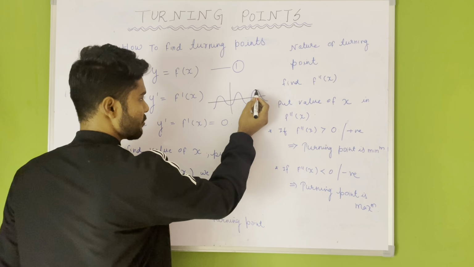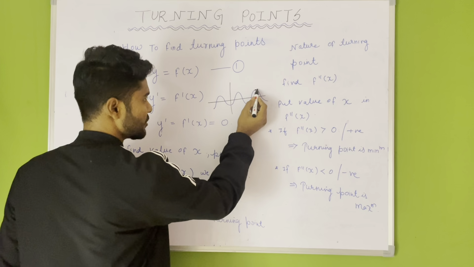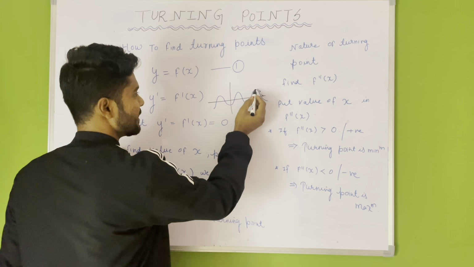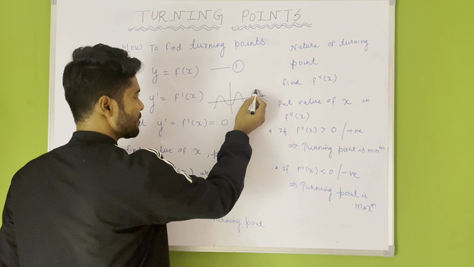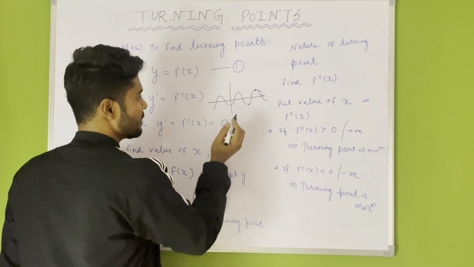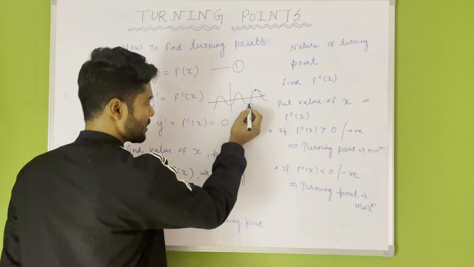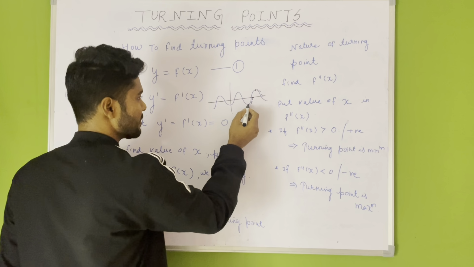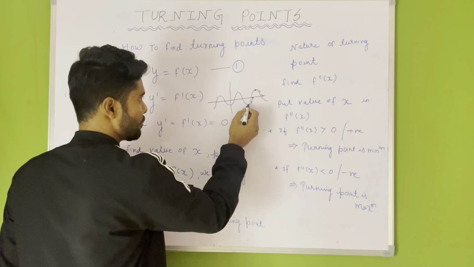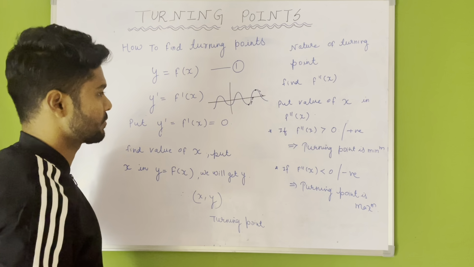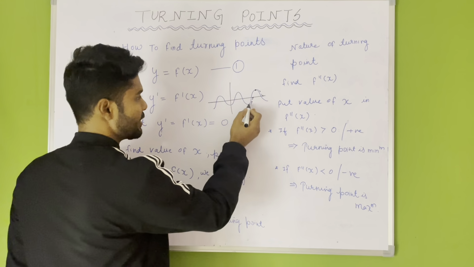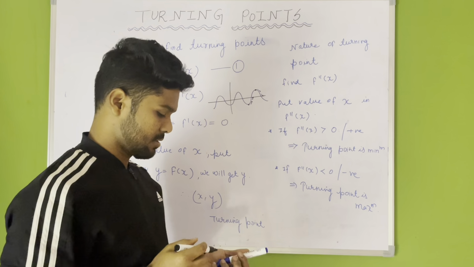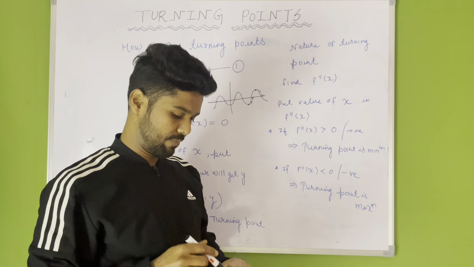From this point the curve starts to go downward, that means this is a point of maximum, and from here the curve starts to go upward, which means this is a point of minimum. So the minimum turning point is this and the maximum turning point is this. Now I will solve examples.